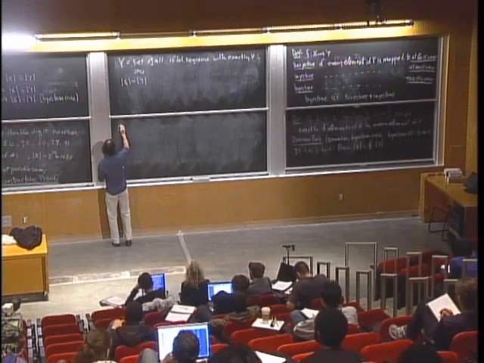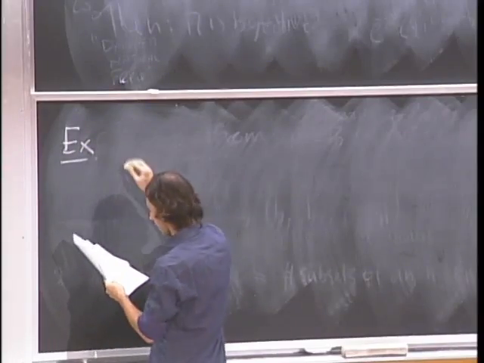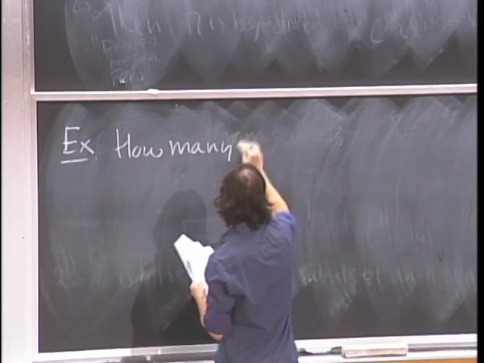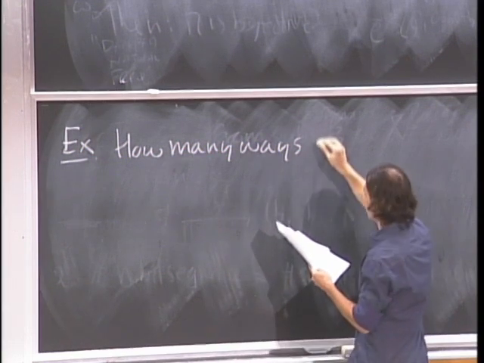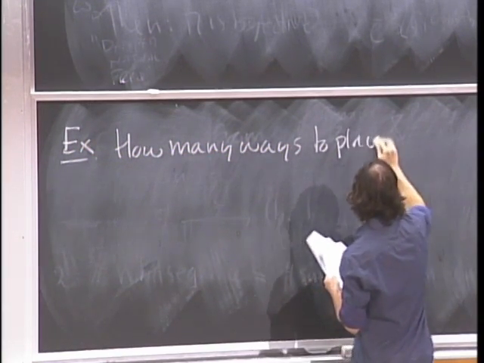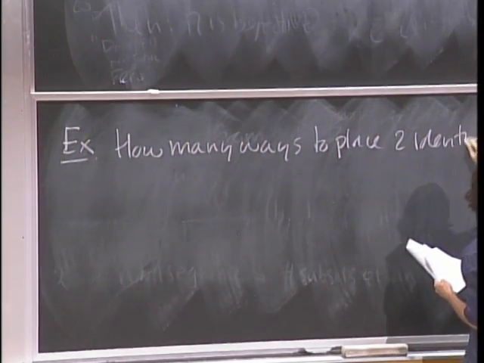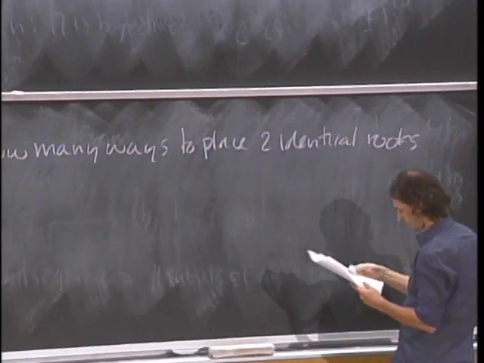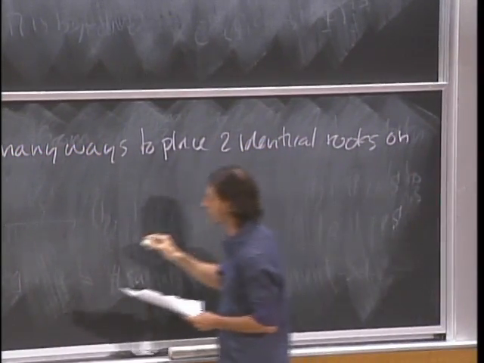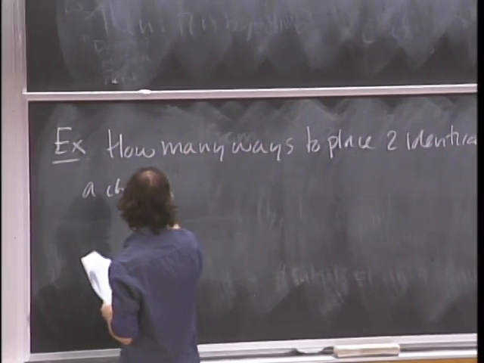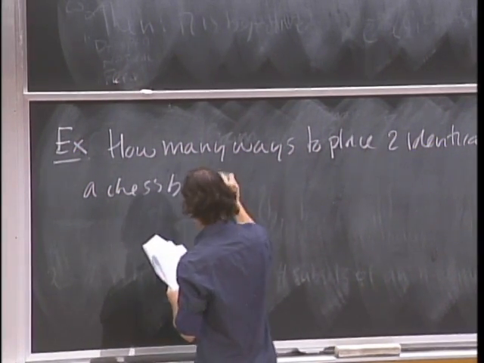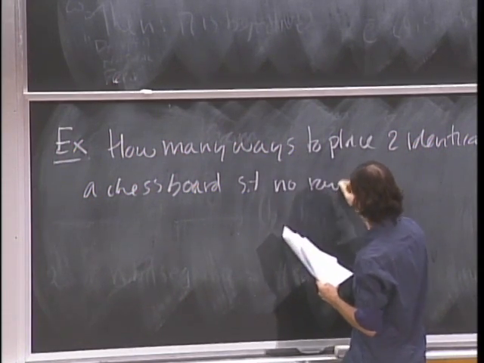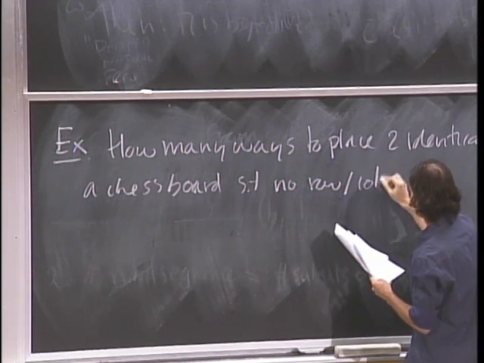So let's give an example. So the example is like this. So how many ways do we have to place two identical rooks on a chessboard in such a way that no row or column is shared?